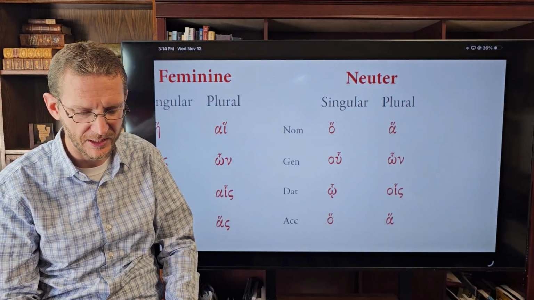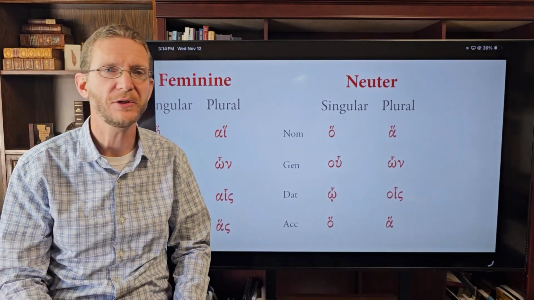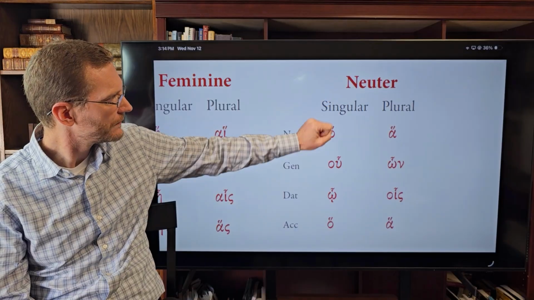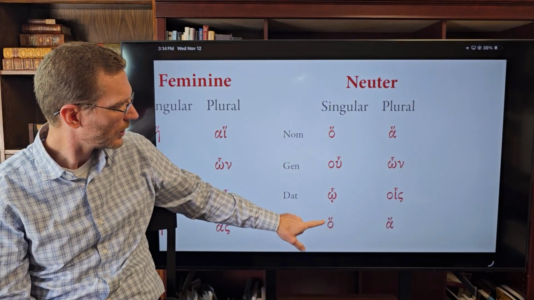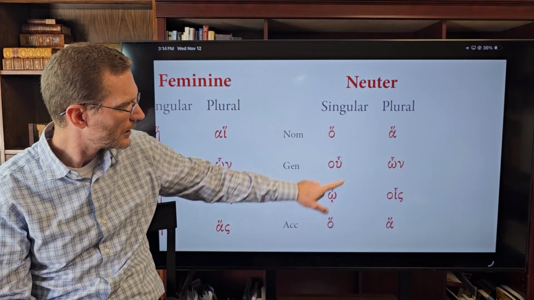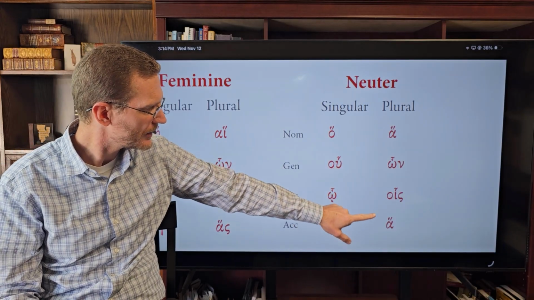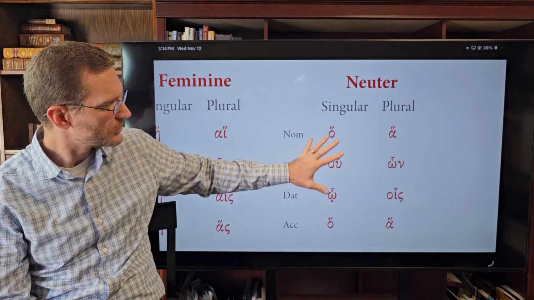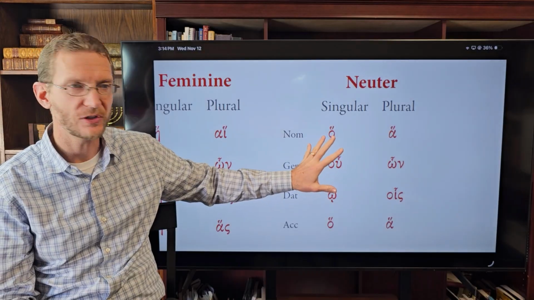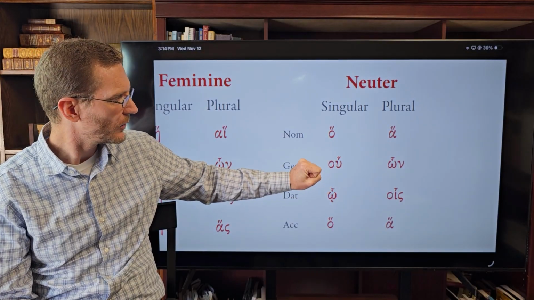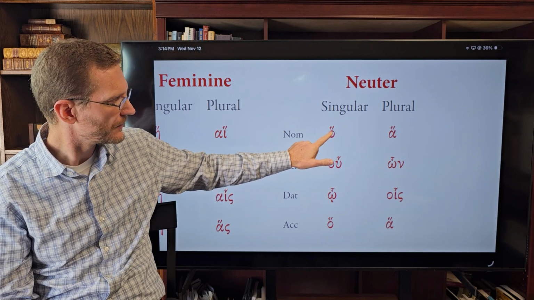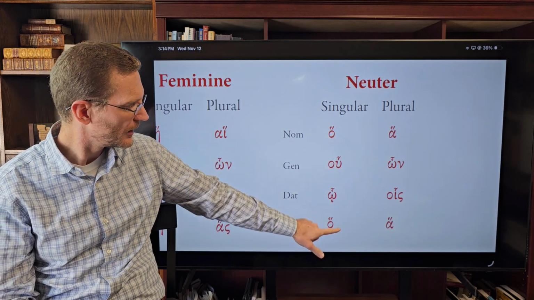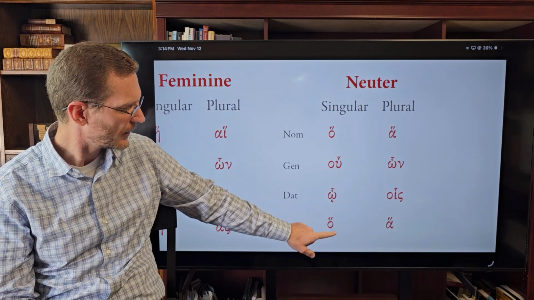Let's look at the neuter. The neuter follows ho, hou, hō, ho, ha, hōn, hois, ha. This is the second declension neuter set. The only difference between this and the chart we've learned is that we don't see the nu here for the nominative singular and the accusative singular.